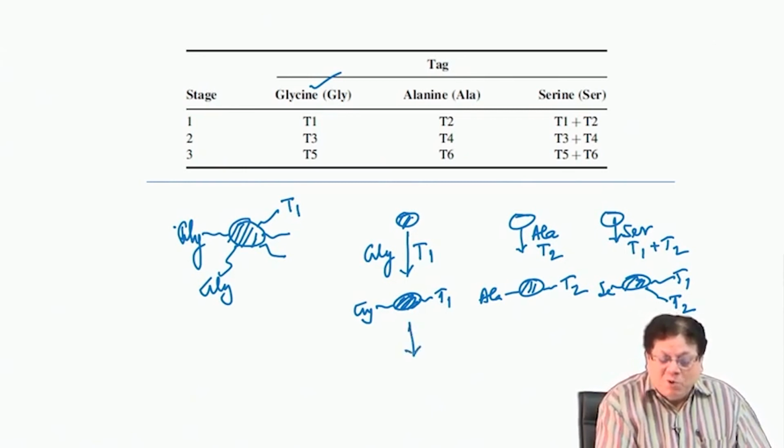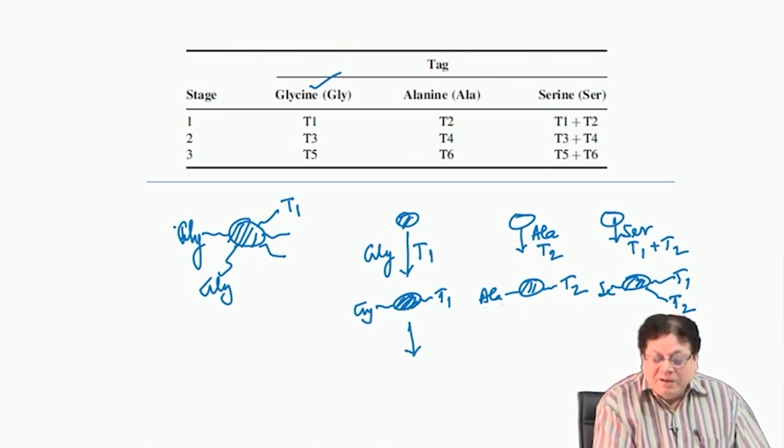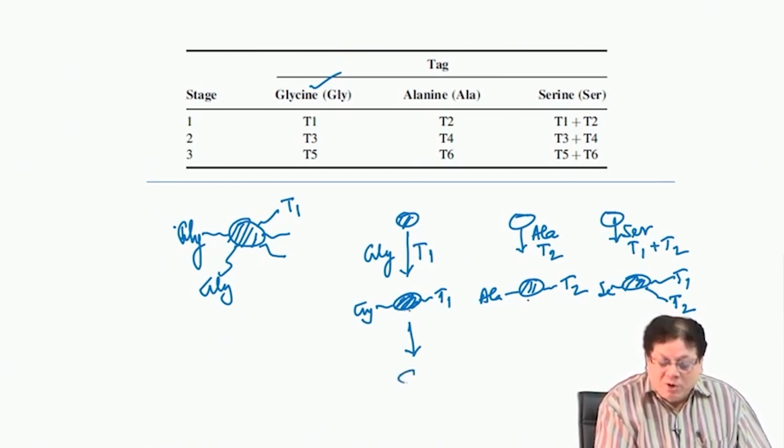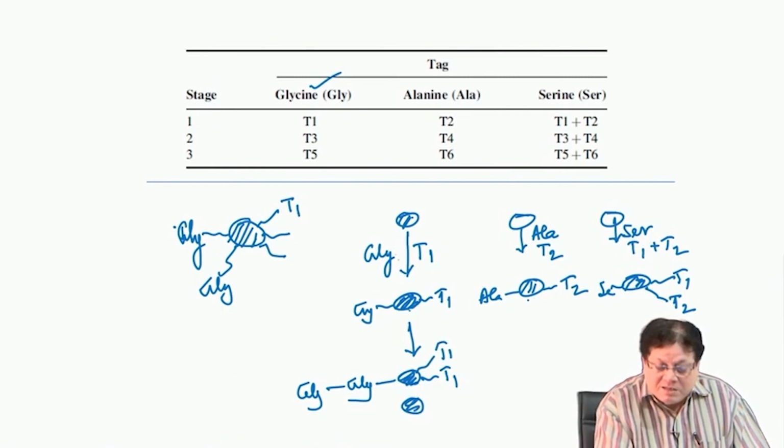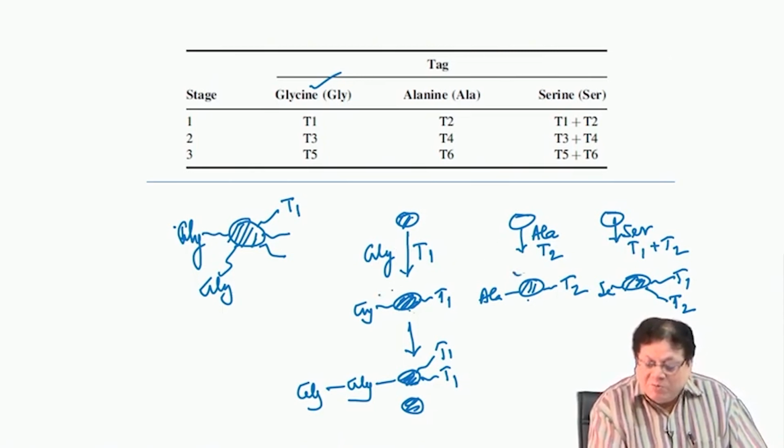And then I add another glycine. So, in this port what will happen, because I have mixed all these, it will have glycine, and whenever I add glycine, I add T1. So, whenever there is glycine it will only have T1. Because this is mix and split, again I repeat, each port now will have all the 3 components.